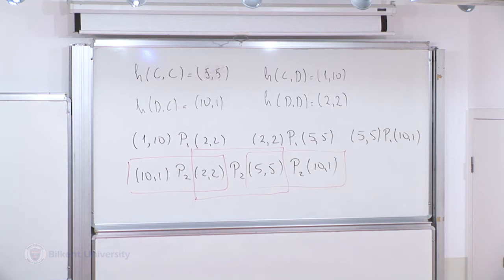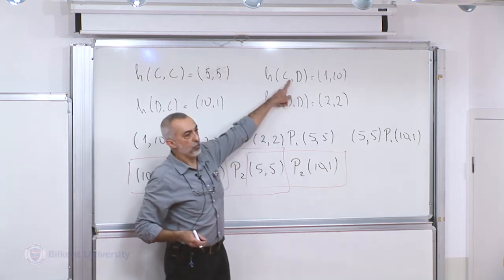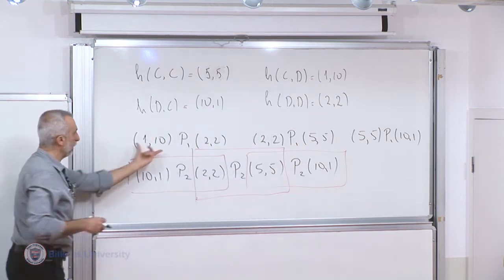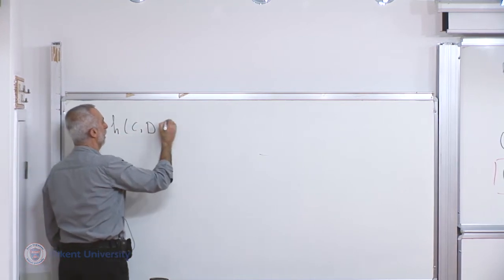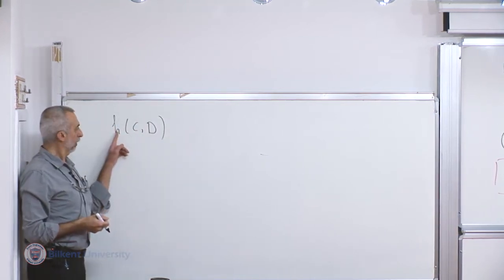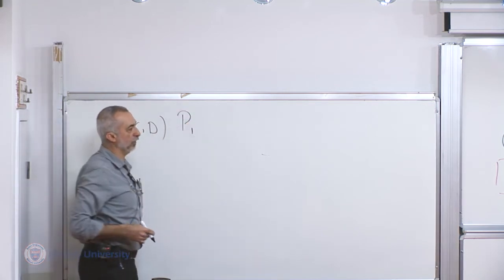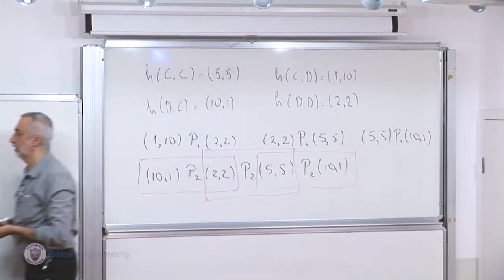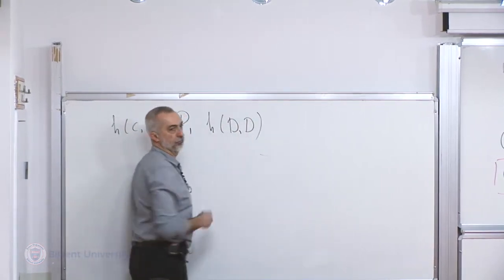if I look at this, 10-1, that's the outcome induced when player 1 confesses and player 2, suspect 2, does not. So this I can write as H of CD, the outcome induced by the strategy profile CD is preferred by player 1 to 2-2, that's induced by DD, the outcome induced by DD.